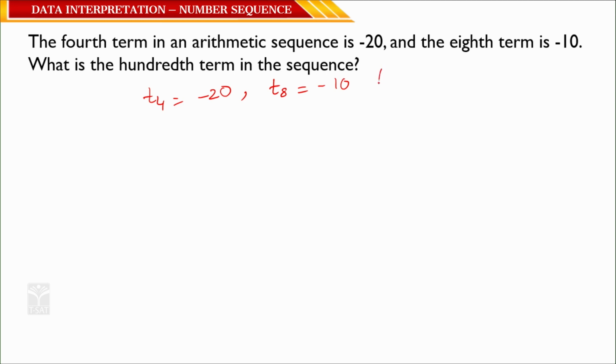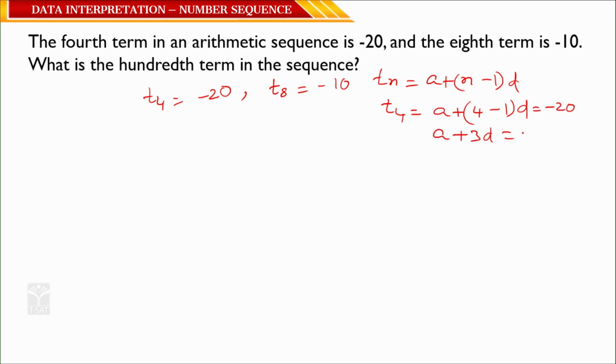Actually, what is the formula? Tn is equal to a plus (n minus 1) d, correct? Now you have to find the fourth term, T4. T4 is equal to a plus (4 minus 1) d, which is equal to minus 20 as given. Or you can say a plus 3d equals minus 20. Say this is equation 1.